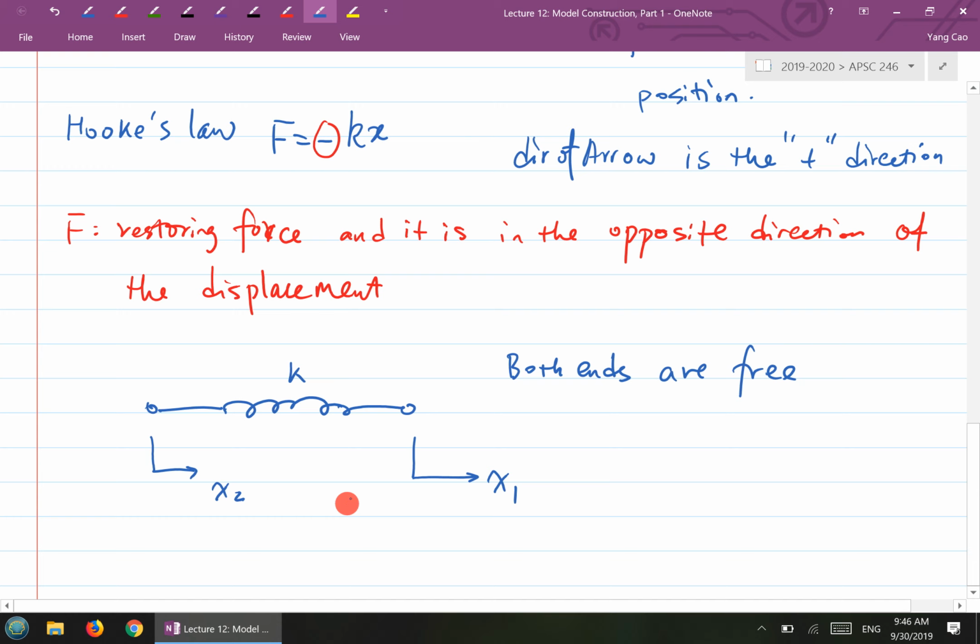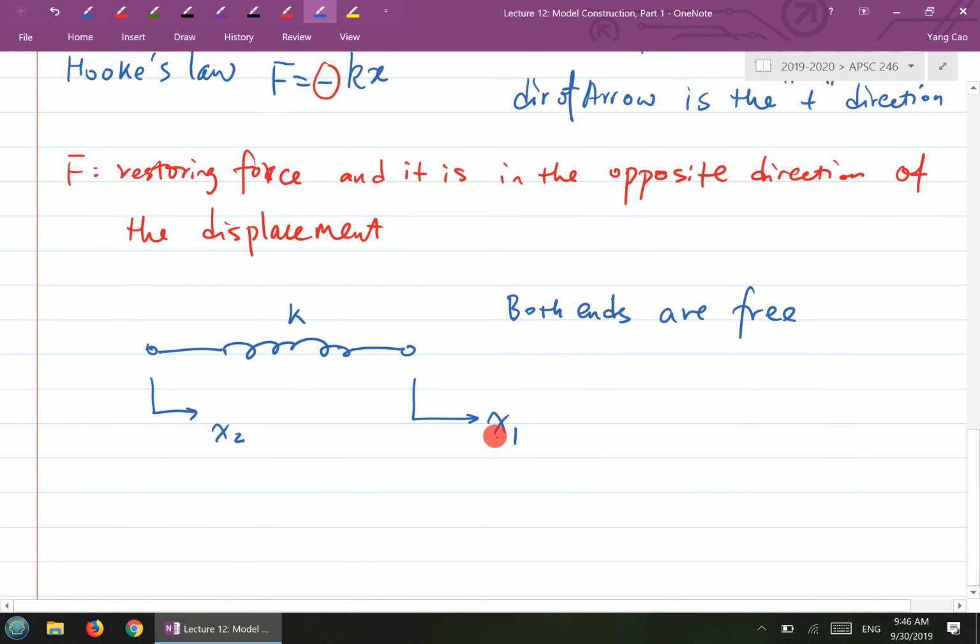Very similarly to how we defined it here, x1 and x2 are the displacements with respect to the equilibrium position or location.